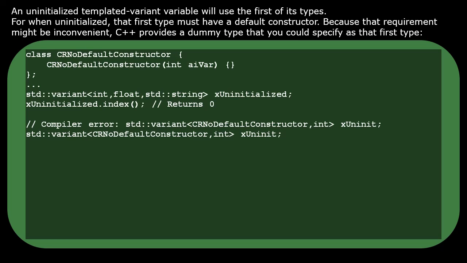Because that default constructor requirement might be inconvenient, C++ provides a dummy type that you could specify as the first type.